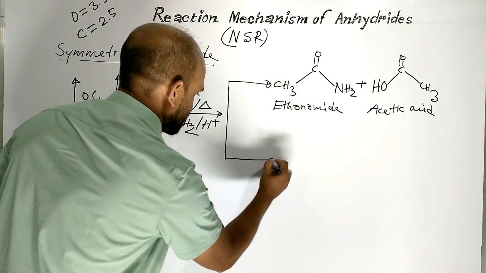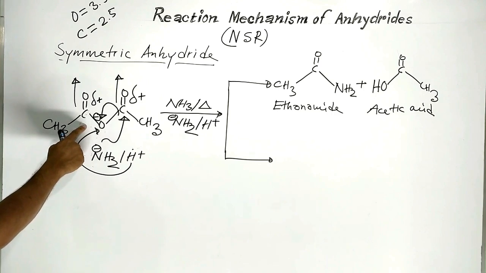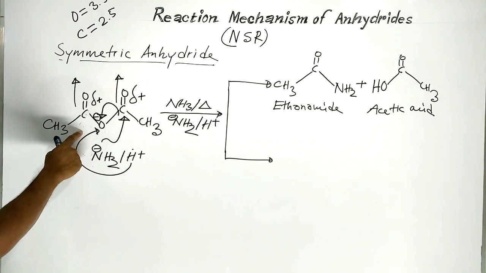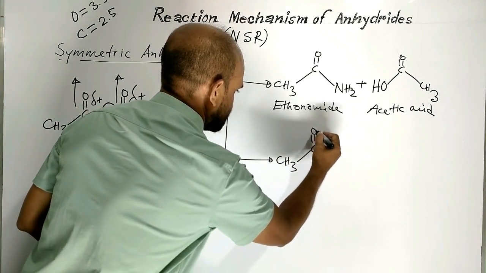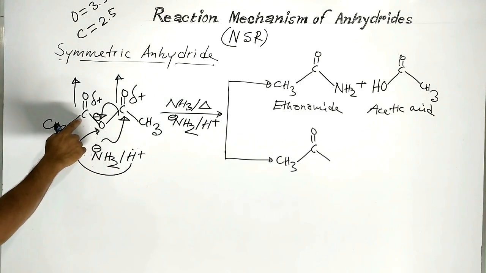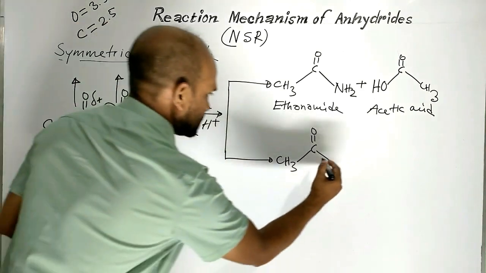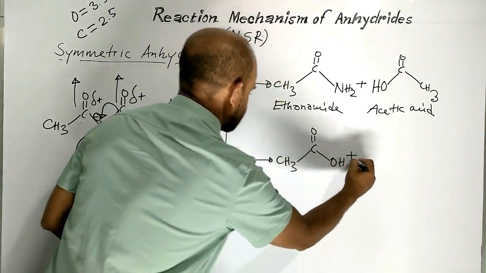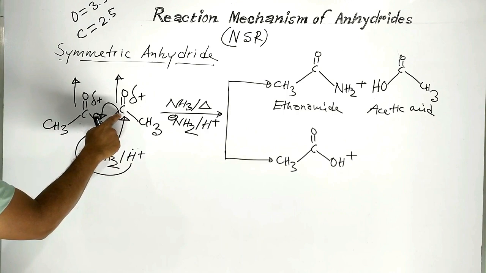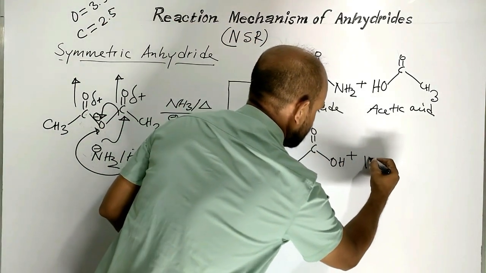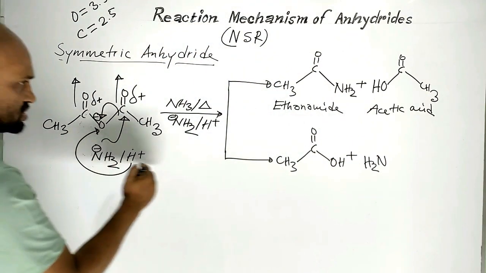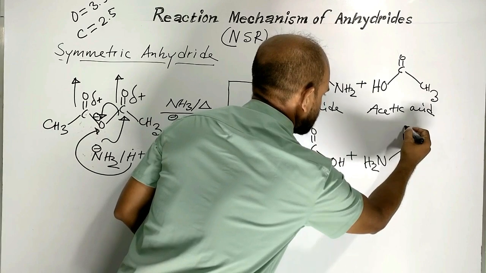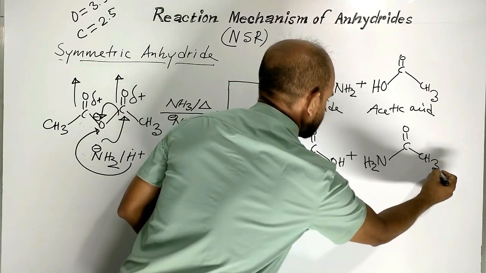Then let us see what products are formed. From this portion we get CH3CO, with this carbon we will get OH, and with this carbon we are getting this group, CO CH3.